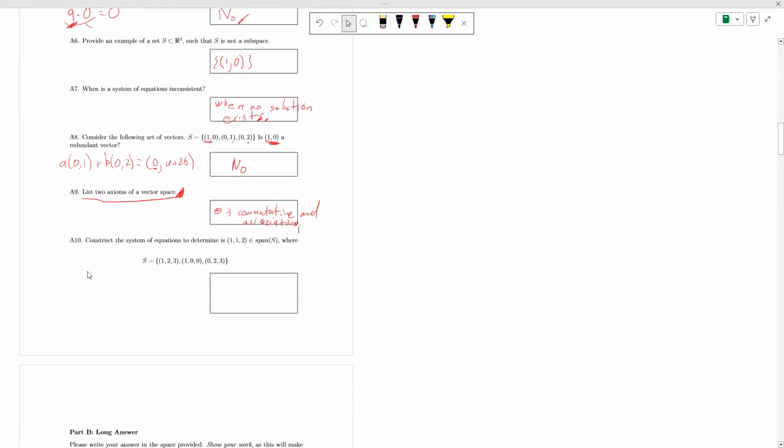Now, the last thing we're going to do is construct the system of equations to determine vectors in the span.